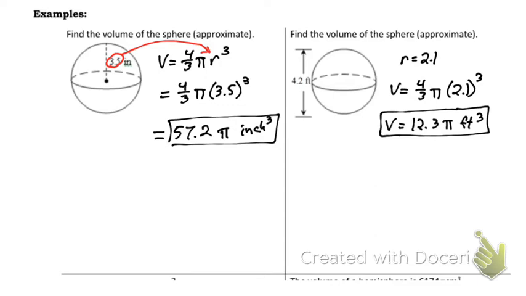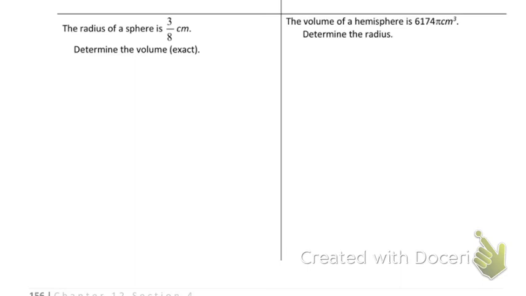On our next one, we do need to come up with an exact answer. They do give me my radius, but we need an exact, which makes this a slightly harder problem because we would have volume equals 4 over 3 times pi r cubed. Now, we have to reach back to how I cube a fraction.